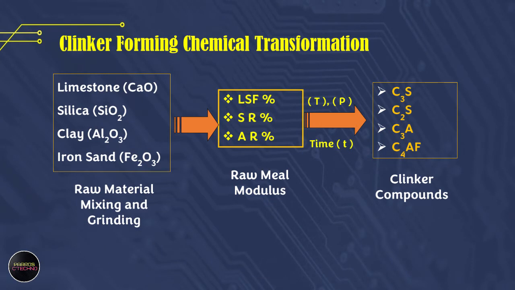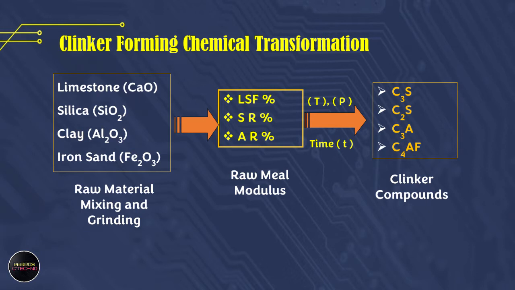Clinker formation and chemical transformations. The four raw materials containing the chemical elements CaO, SiO2, Al2O3 and Fe2O3 are mixed and finely ground, then the formula is made for lime saturation factor, silica ratio and alumina ratio, according to the desired clinker quality target.